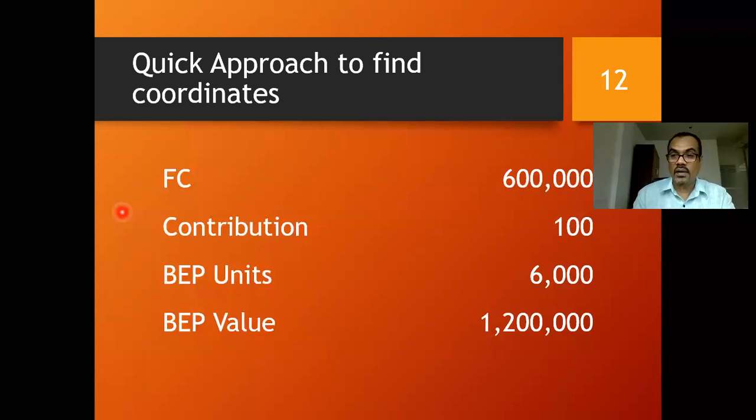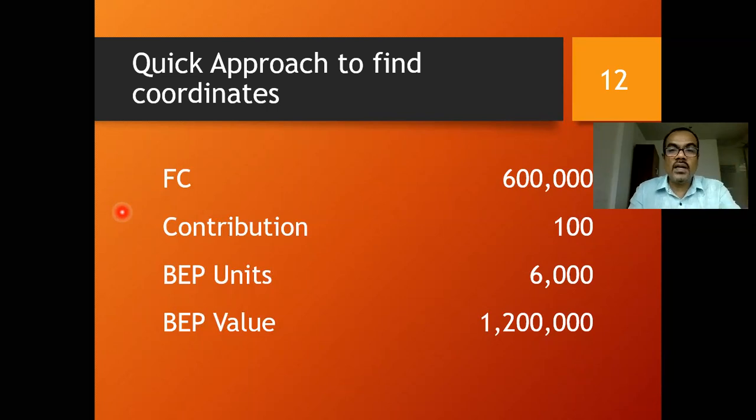Tickets are sold at 200 rupees. One ticket, 200. But whenever you sell a ticket, you incur an additional variable cost. The breakup of these variable costs is not given in the question, but it says that 100 rupees has to be incurred as variable. So maybe printing cost and some commission per ticket, 100 rupees.